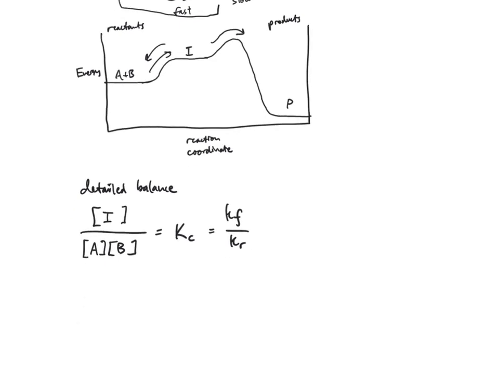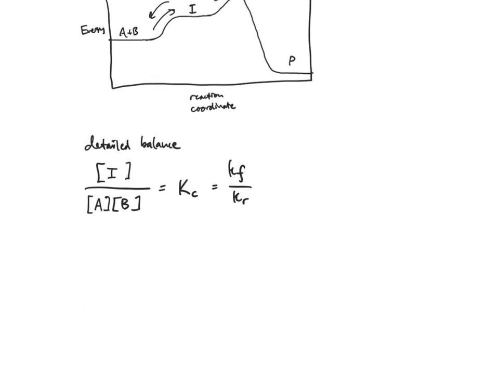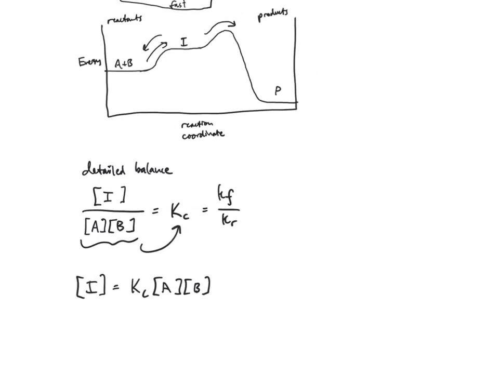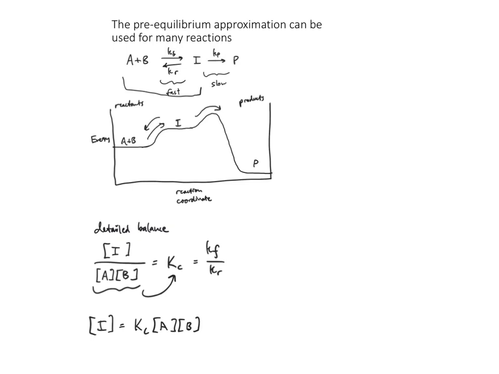And if we just rearrange this equation algebraically, and we can multiply things on the denominator here over to this side, we get that the concentration of the intermediate equals the equilibrium constant times the concentration of the reactants. All right. And if we take a look at this second step of the reaction, I going to P, then that's going to allow us to write a rate law, and the rate law is just going to include the reactants in this case.